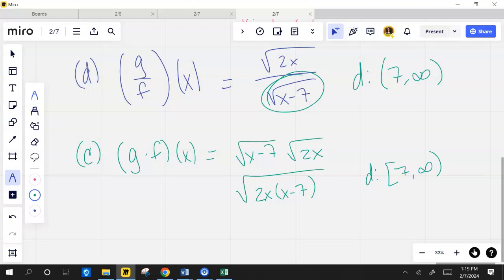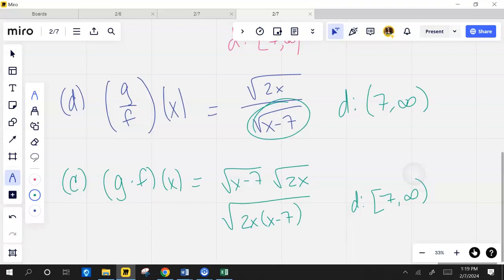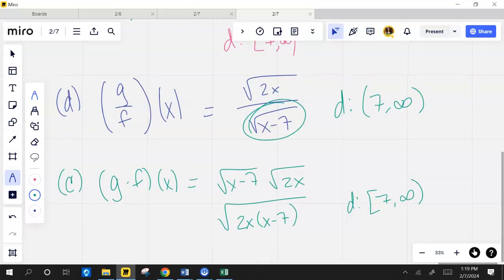I didn't do any additional work for it. I'm talking about B or C. For C, I haven't done anything additional to it. There's no other restrictions there that I need to worry about. It's not on the bottom. I just combined them.